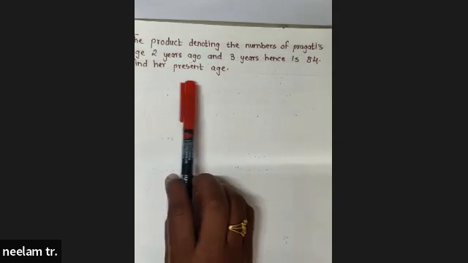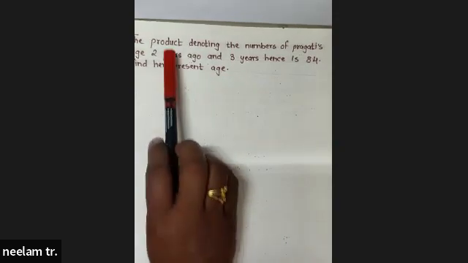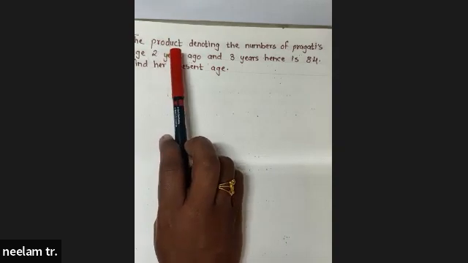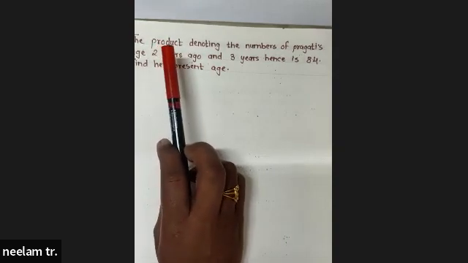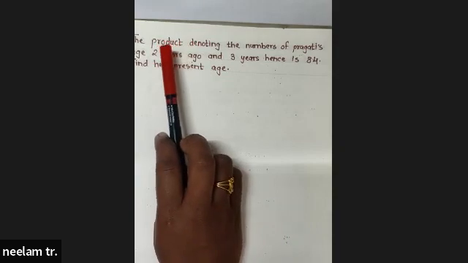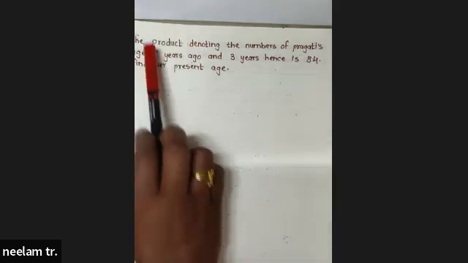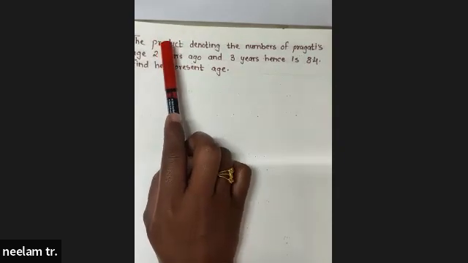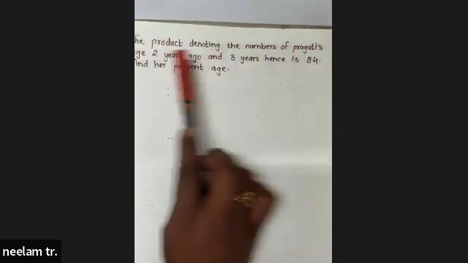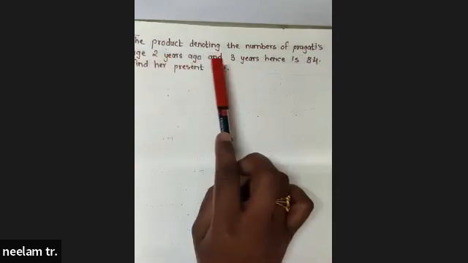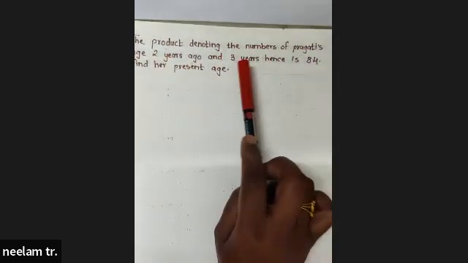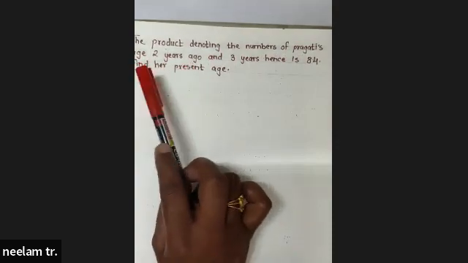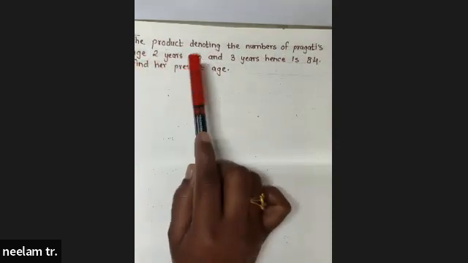Product here means multiplying. When we multiply Pragati's ages 2 years ago and 3 years hence, it will be 84. So you need to find her present age.